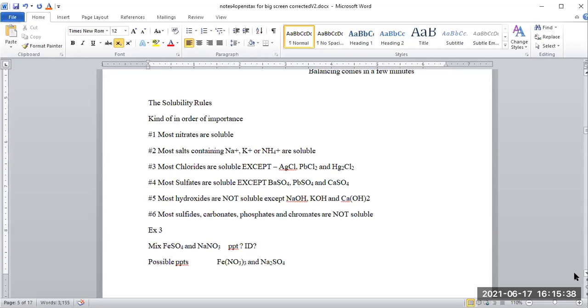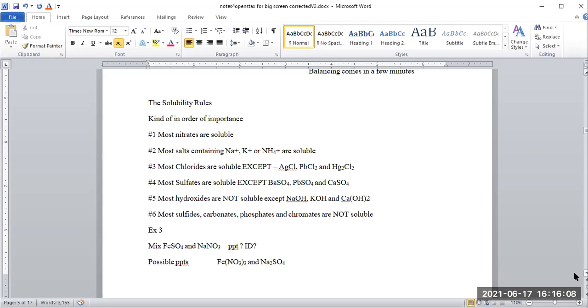We've already touched on the chloride rule. There are three notable exceptions to that chloride rule. There are also three notable exceptions to the sulfate rule. This time, barium sulfate, lead sulfate, and calcium sulfate are your three notable exceptions.